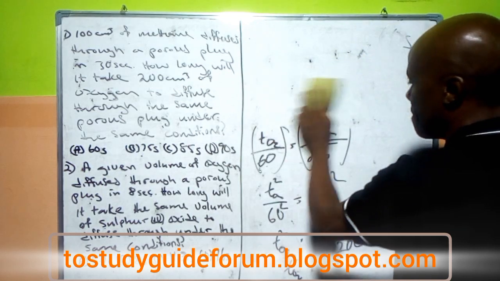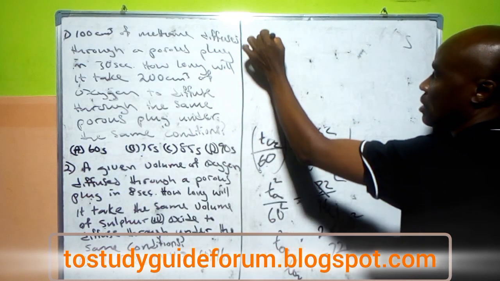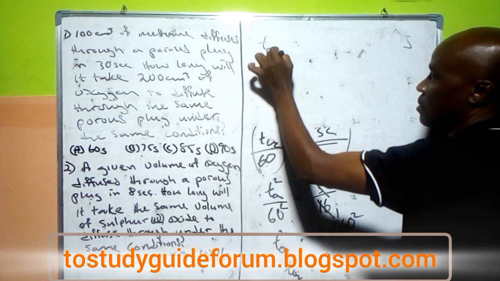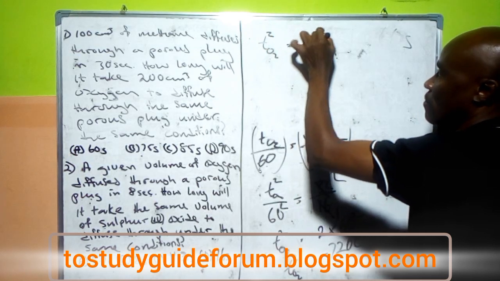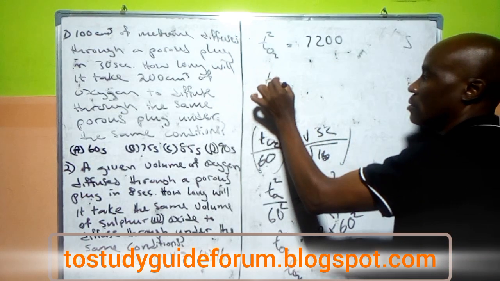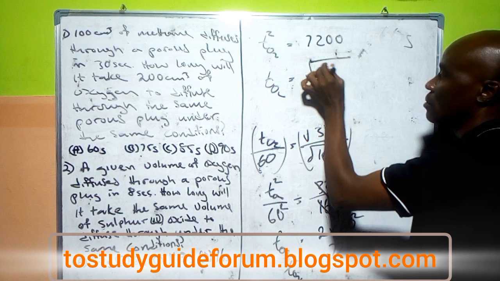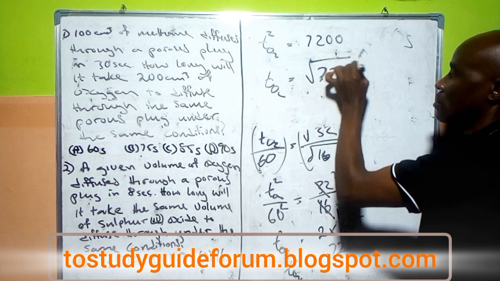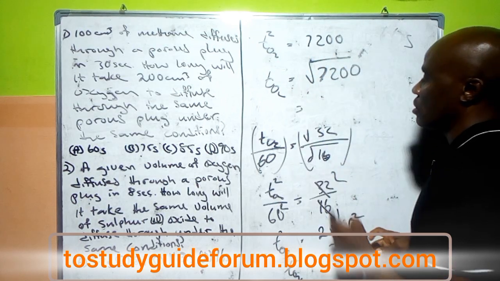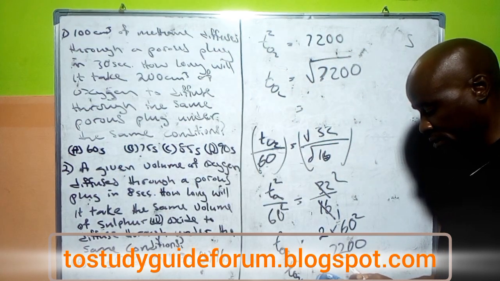So the next thing is taking the square root of that. The square root of this will give us the square root of the answer.